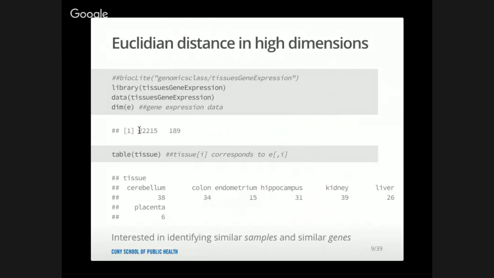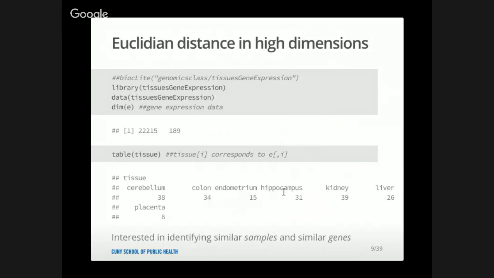This is a microarray gene expression data set with 22,000 rows and 189 samples. So these are probe sets corresponding to genes, and there are 189 samples, which come from, what is this, 1, 2, 3, 4, 5, 6, 7 different tissues.